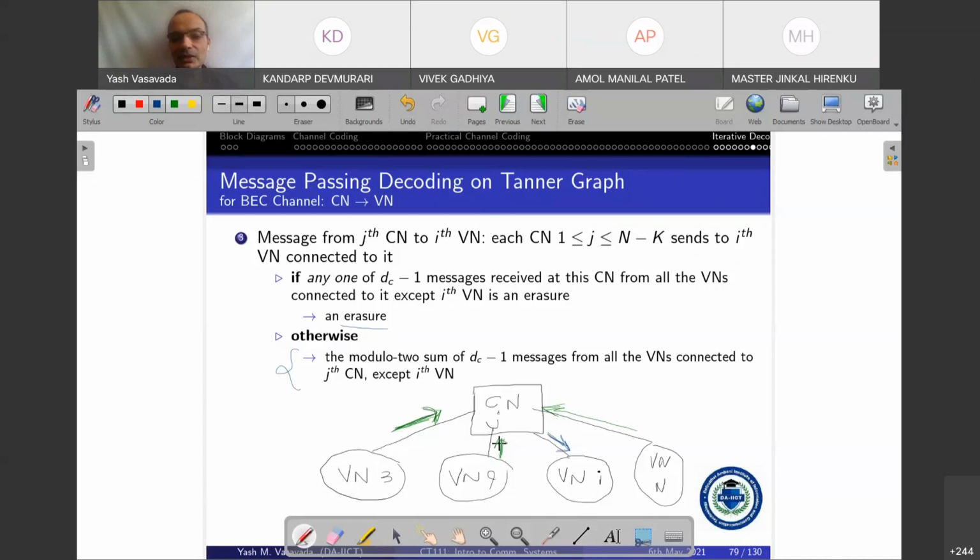Because we are looking at all the messages that Cnj is hearing from the VNs that are connected to it, except VNI. When Cnj is telling VNI what its value is, it should not look at the message that VNI has sent itself, because then it will be kind of diluting the information that is being exchanged.